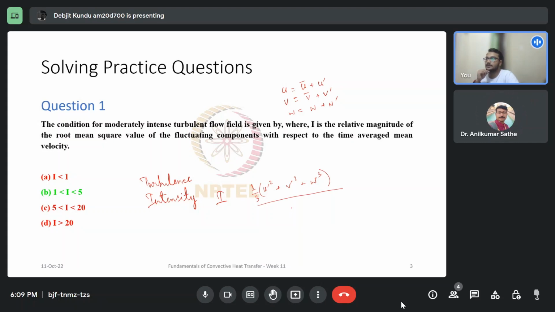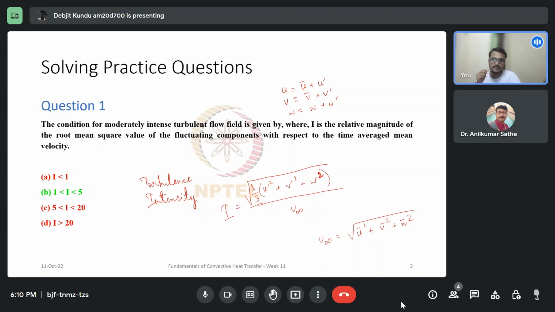So if there is one u infinity, we will consider the root of this. This u infinity in turn is something like u mean square plus v mean square plus w mean square. Sorry, this is not u, this is square. So this is what I represents.